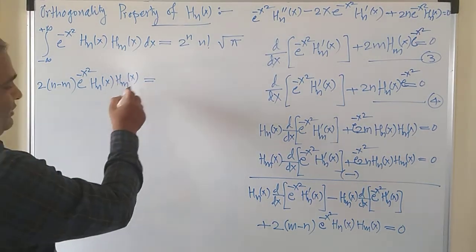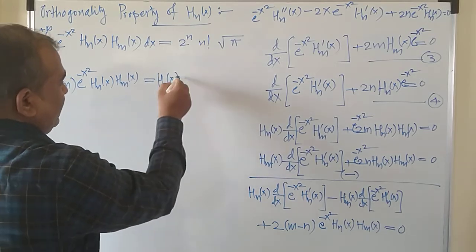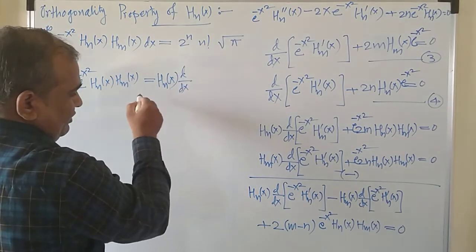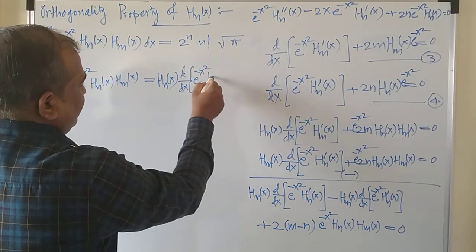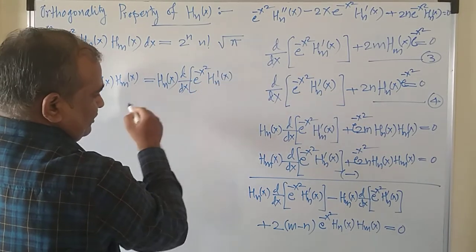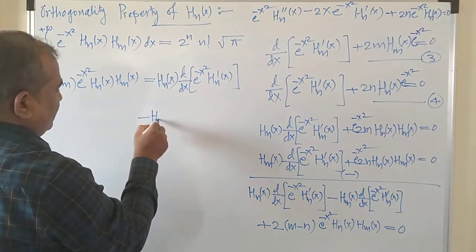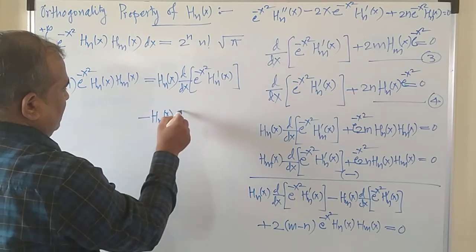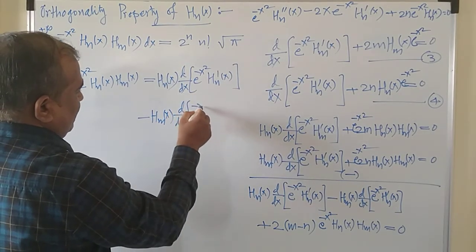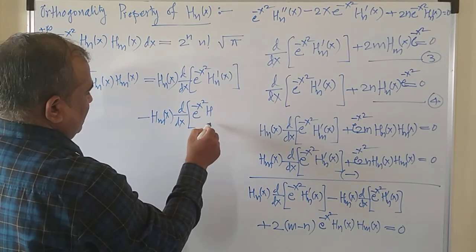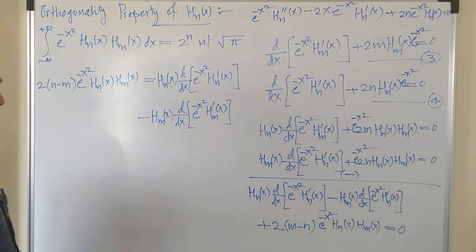I will write this as it is first, right? Hn of x into d dx of e raised to minus x square into Hn dash of x, minus Hm of x into d dx of e raised to minus x square into Hm dash of x.